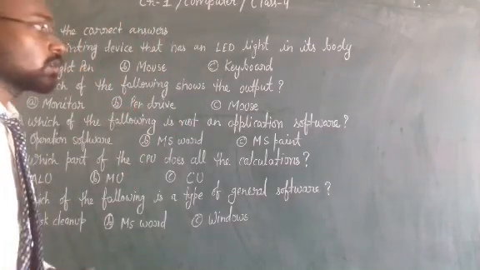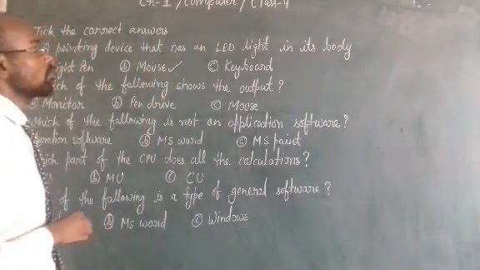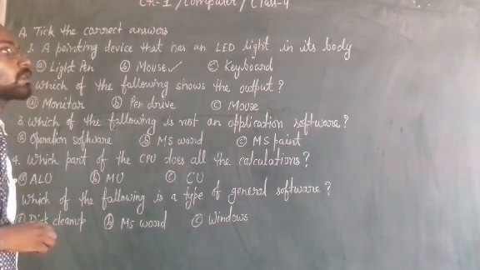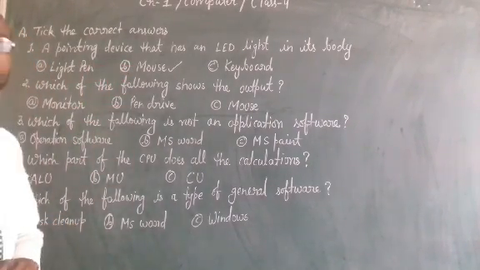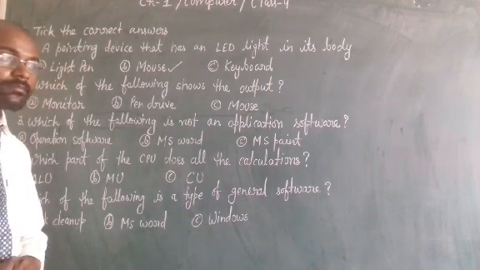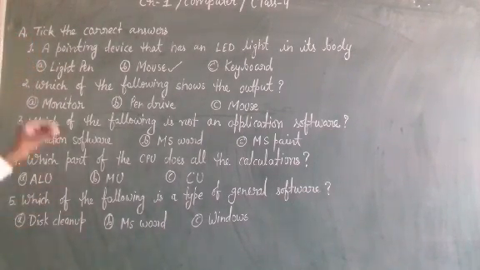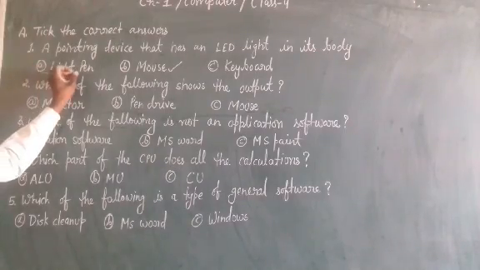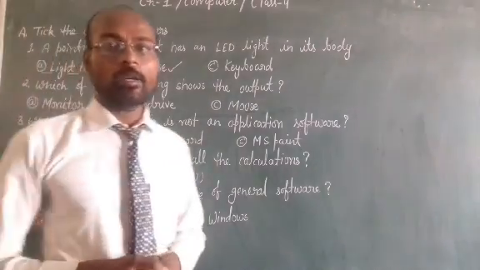Dear students, here option number B is the right answer. Mouse has an LED light in its body. Option number A is light pen. Light pen is also an input device.